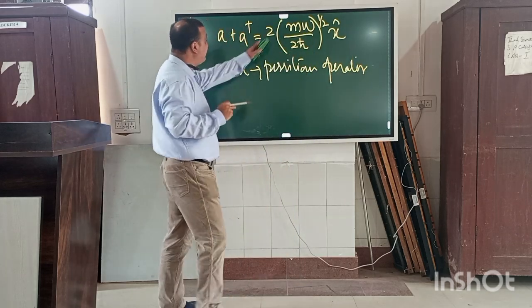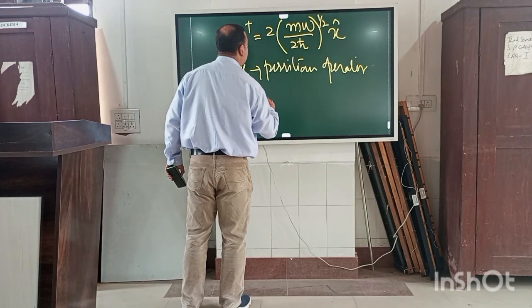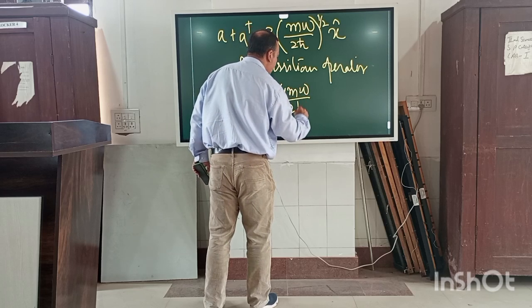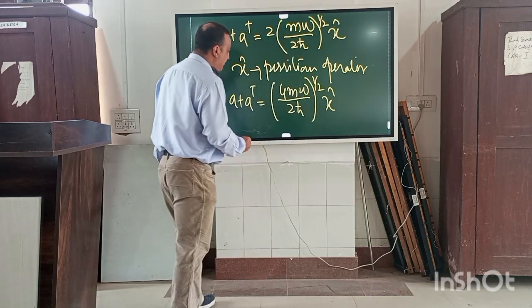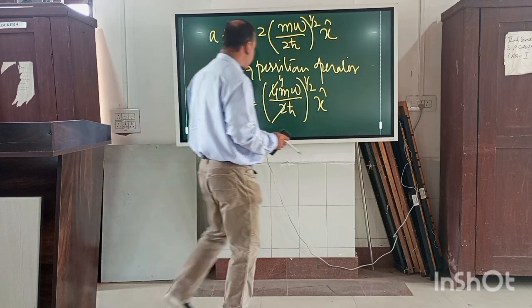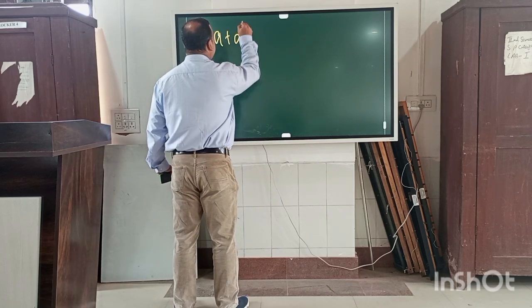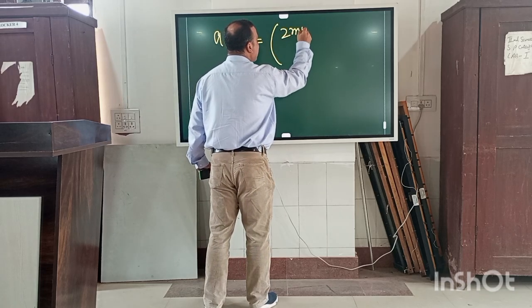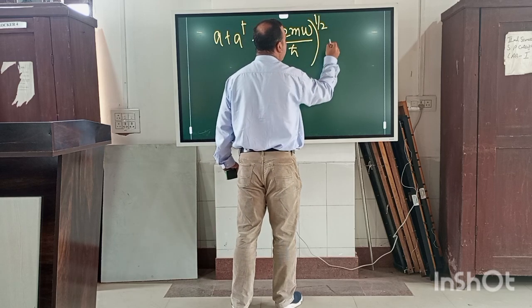All right, so I can think of taking this 2 inside the brackets. So A plus a dagger will be (4 m omega by 2 h bar) raised power 1 by 2 x cap. And we can immediately see that this 2 and 4 will go. What we will obtain here is A plus a dagger equal to (2 m omega by h bar) raised power 1 by 2 and x cap.